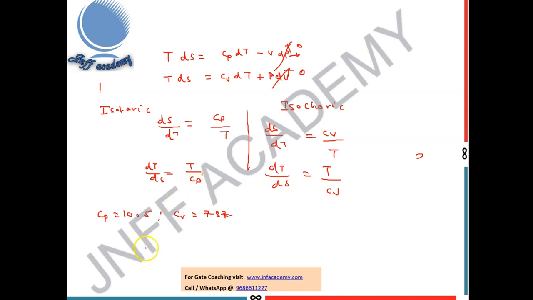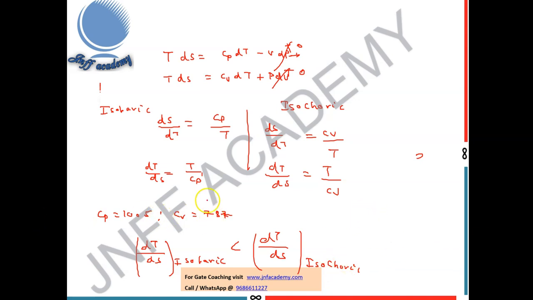So let's call this (dT/dS) isobaric is less than (dT/dS) isochoric. If it's a constant volume process, the slope of the curve will be higher compared to the isobaric process.